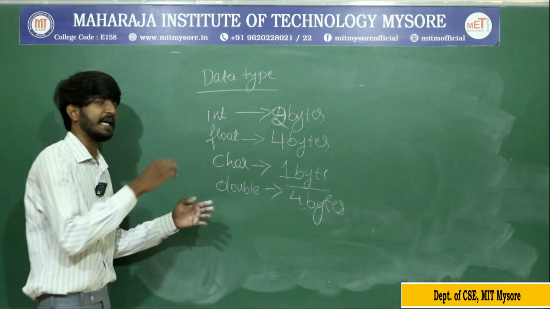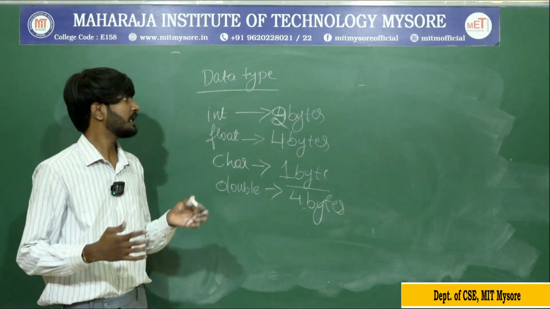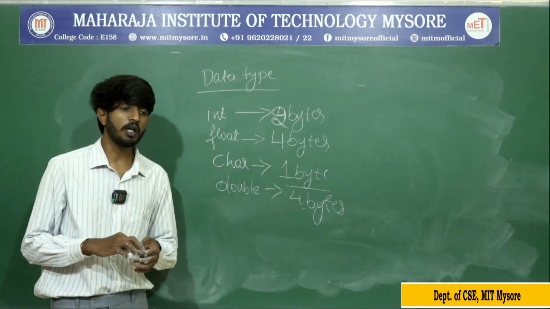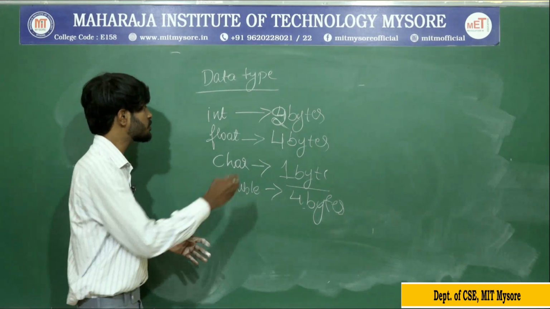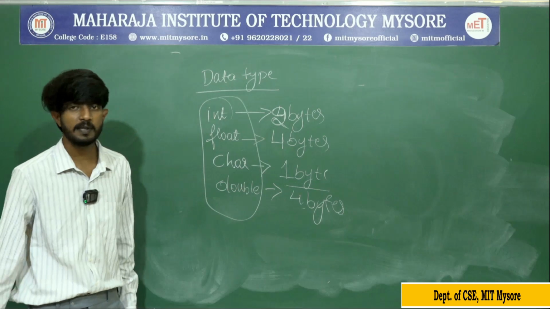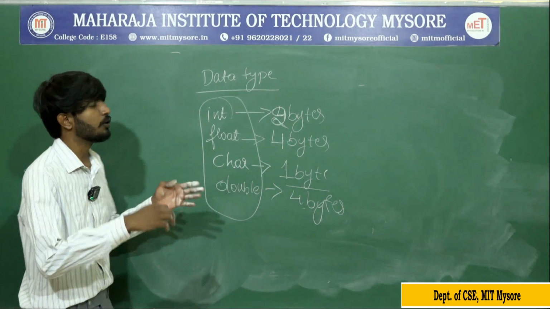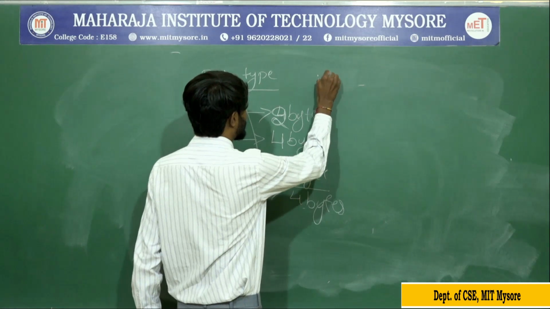So this is a data type, which represents what values a variable can store. We need to specify the data type. To declare any variable, first you need to give the data type.